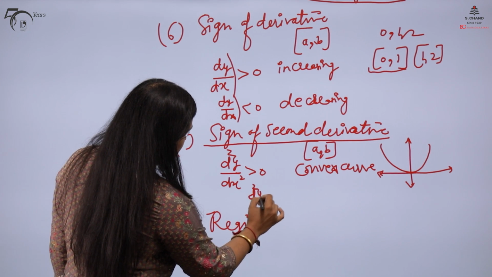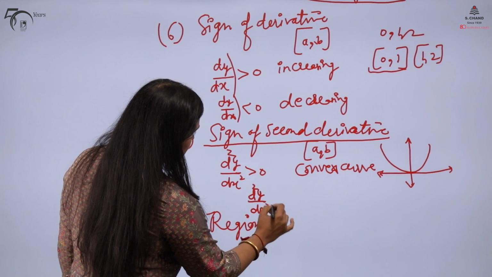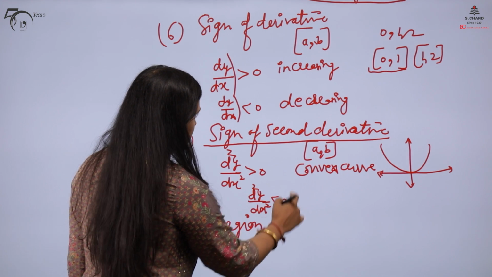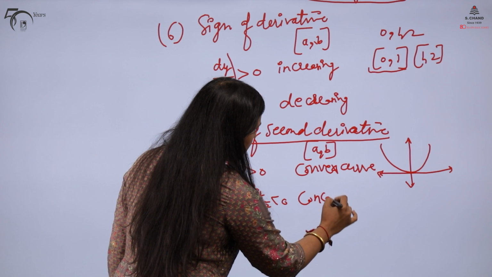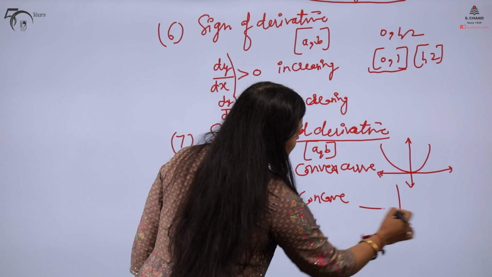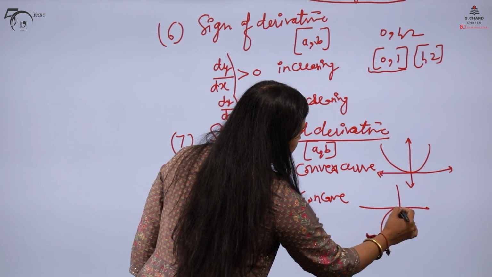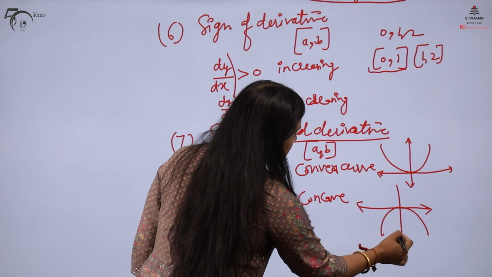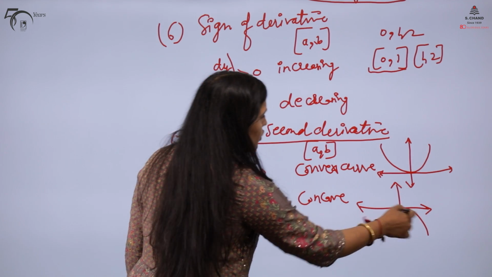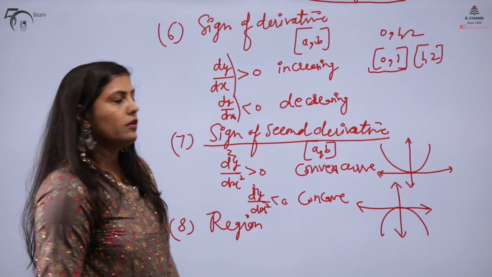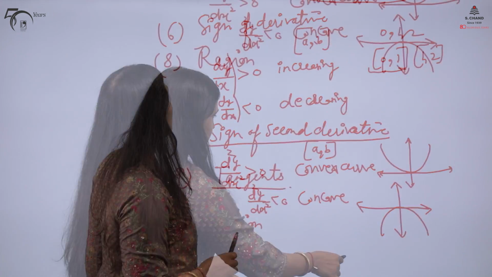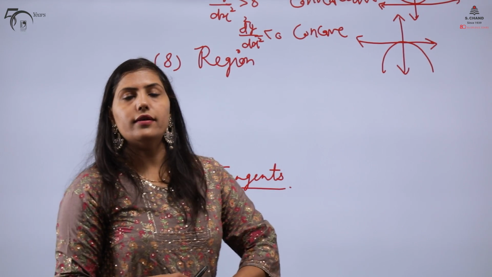Suppose it is negative in that particular interval, then you will say it is concave, and it means it will spill the water. So in that particular interval, the shape will be this type. Is this fine?